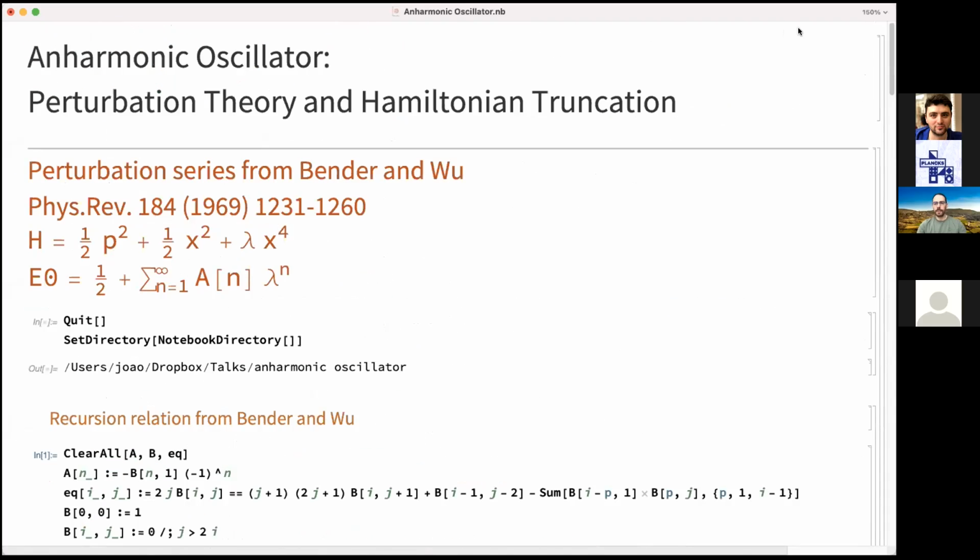Okay, are you seeing my screen? Yeah. I changed now from one screen to the other. Is it working? I think so, yeah. Okay, how many of you work with Mathematica, the program?